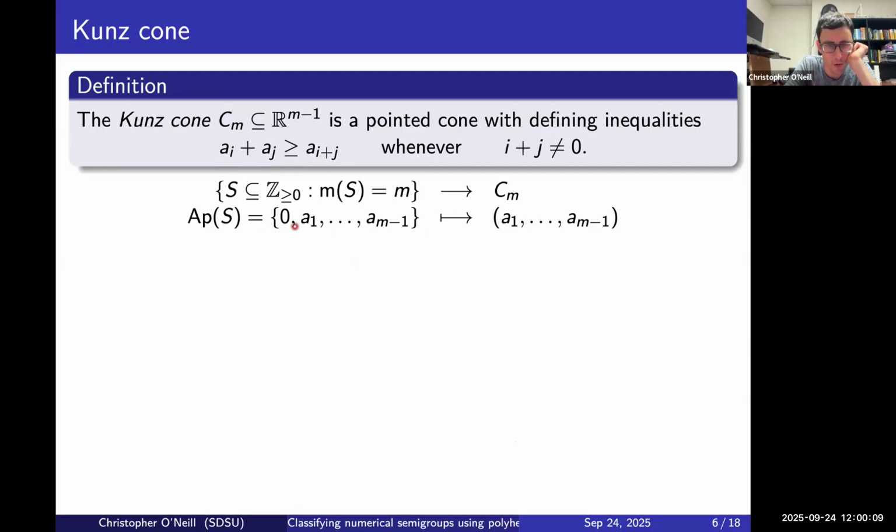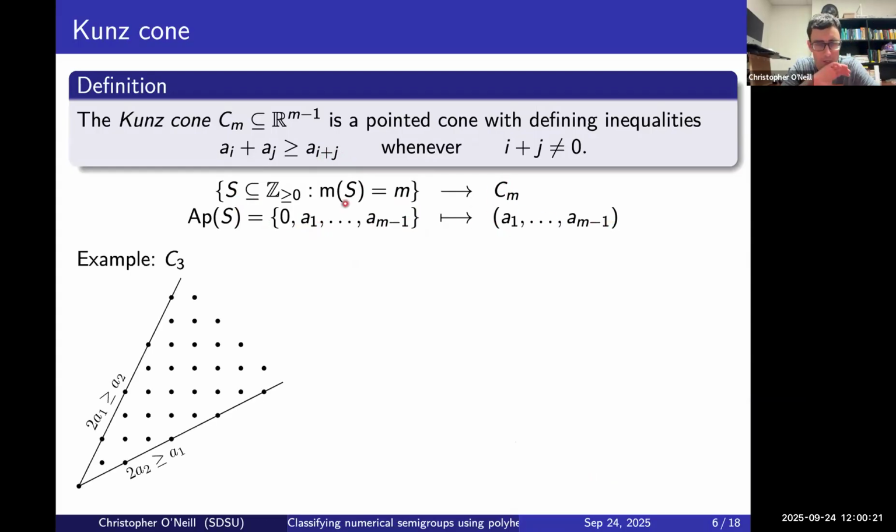You just take your semigroup, you compute its Apéry set, line the elements of that up based on their equivalence class. That point lives inside of this cone. And so, for example, here, if we look at m equals 3, the Kunz cone is going to be a 2-dimensional cone.